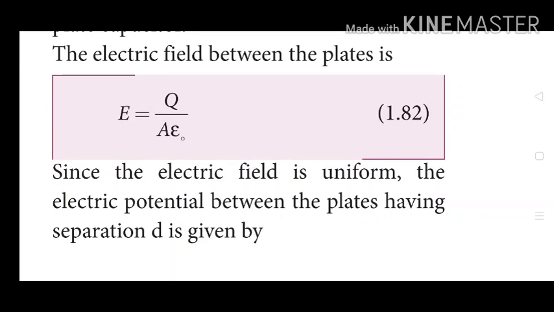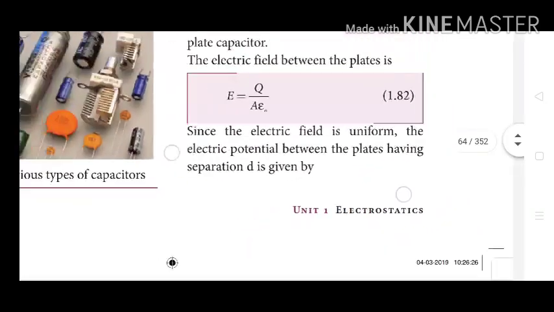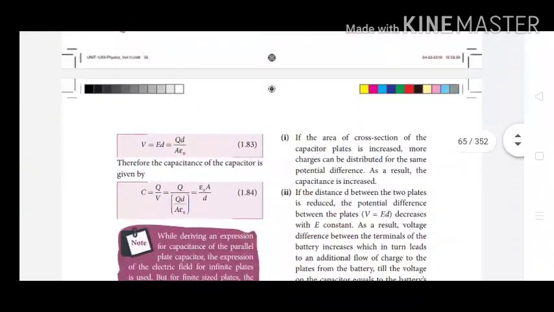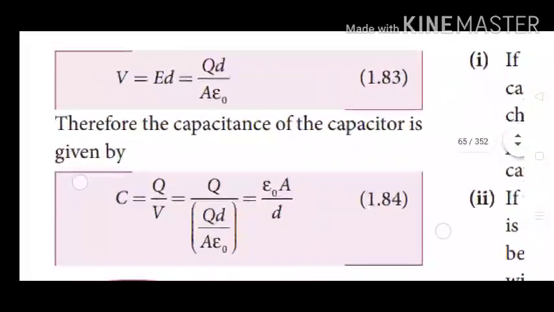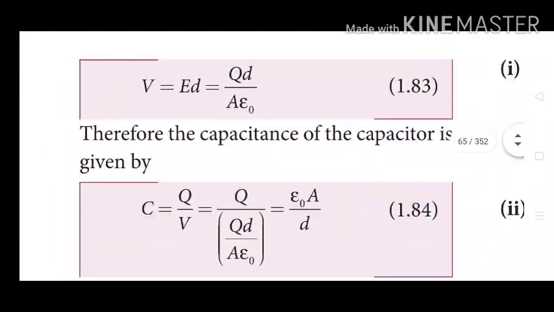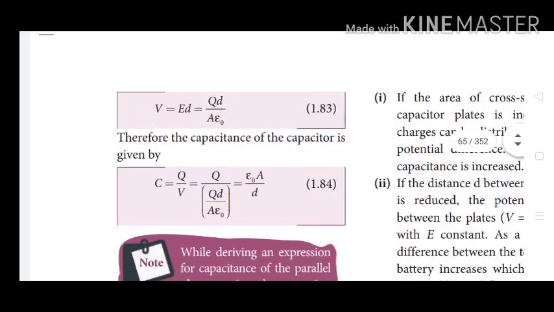Since the electric field is uniform, the electric potential between the plates having separation d is given by V is equal to Ed, which is equal to Qd by A epsilon naught. Therefore, the capacitance of the capacitor is given by C is equal to Q by V, which is Q by Qd by A epsilon naught. So finally we get C is equal to epsilon naught A by d.